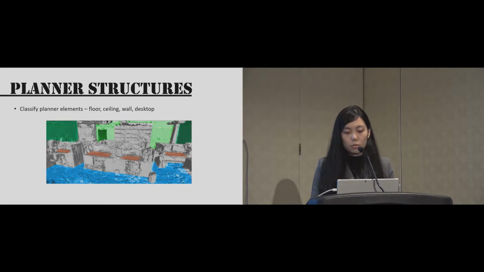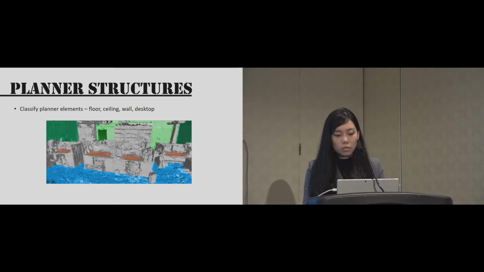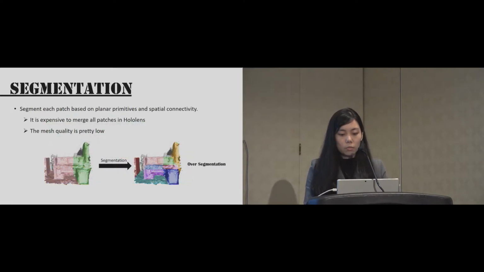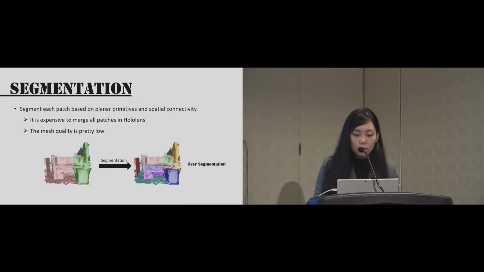And further, we remove the planars that we do not need and merge and resize the useful parts. And then we could segment. But we only do the segmentation on each patch, because it is too expensive to merge all the patches in HoloLens. But it will cause an over-segmentation problem.